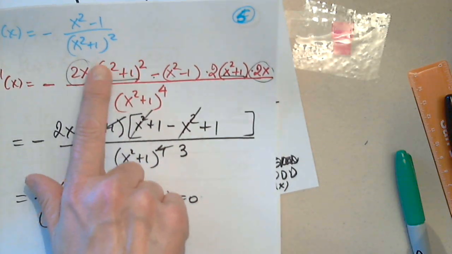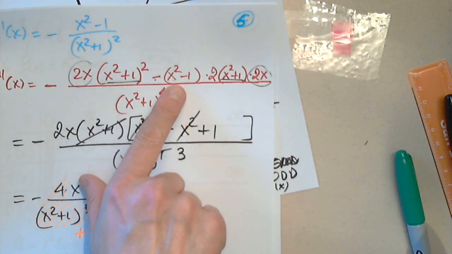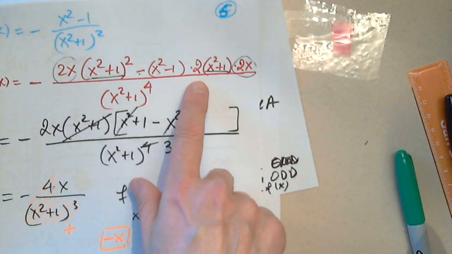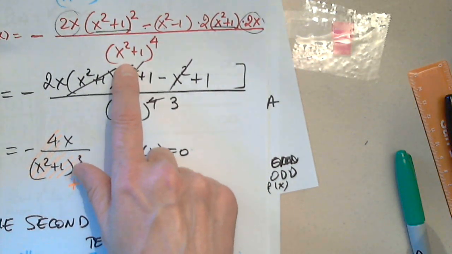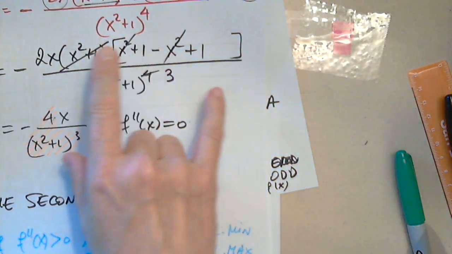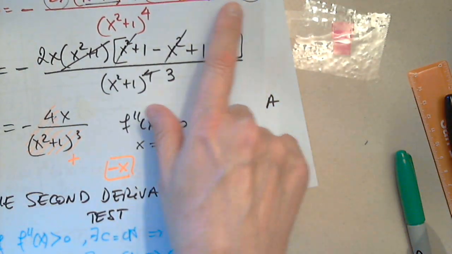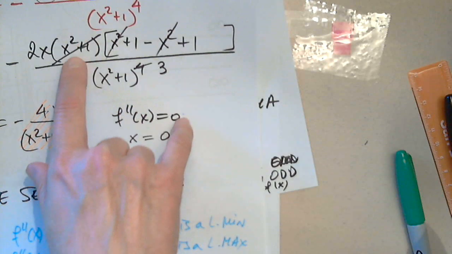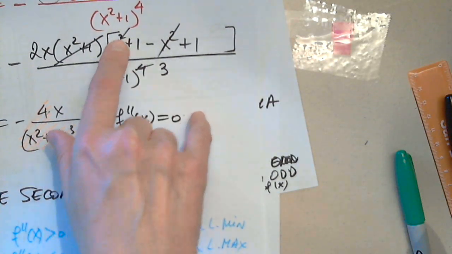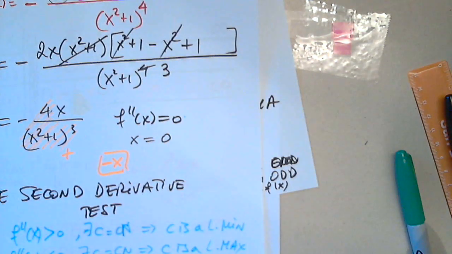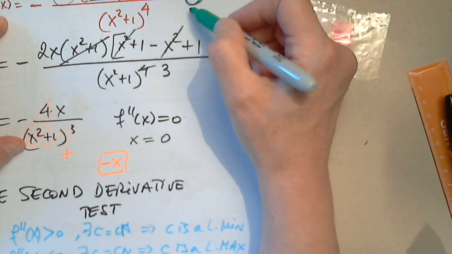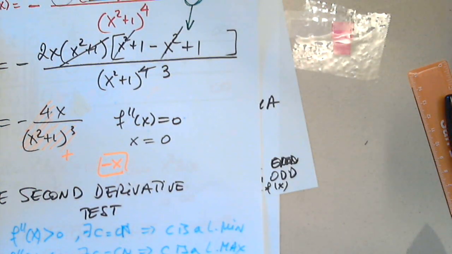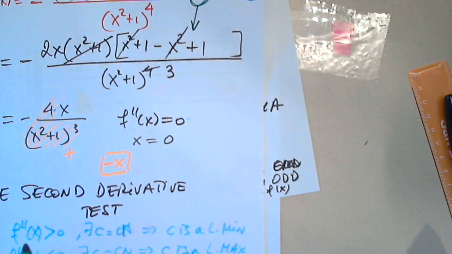So 2x, that's correct, minus that, correct, times 2, times this, times 2x, that's correct. Over this to the 4th power, that's correct. We kept the minus in front, yes. We factor 2x, we factor this. I'm sorry, I forgot. It makes no sense.